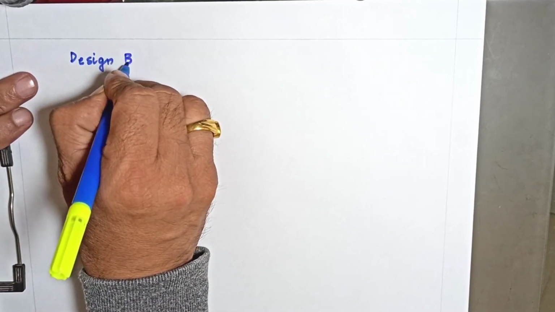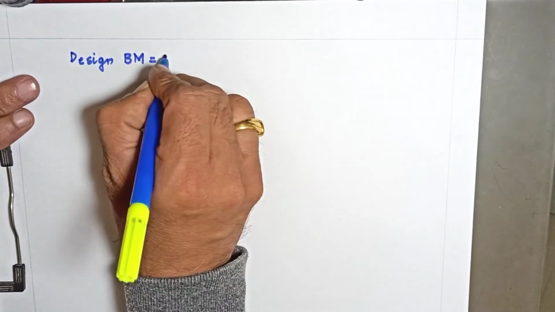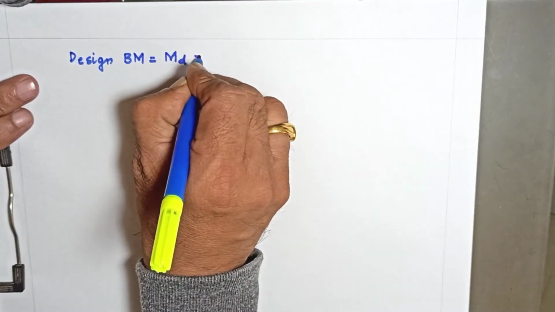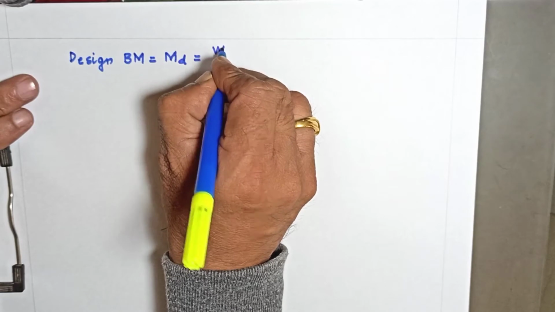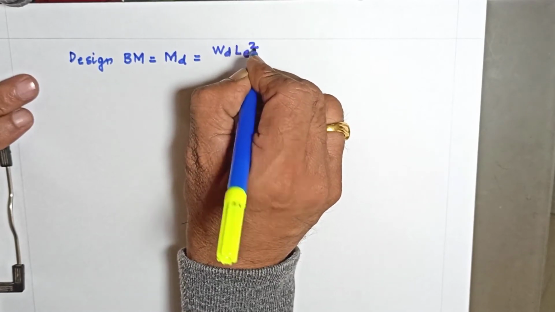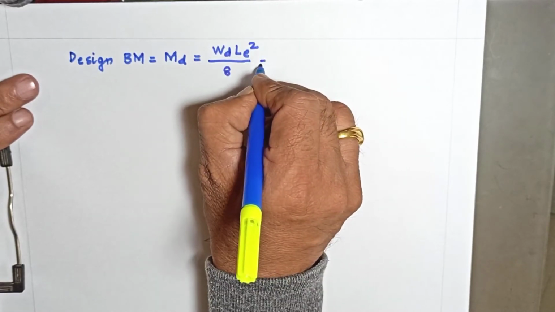Design BM, which we denote by MD. MD is equal to, as it is simply supported, WD into LE square upon 8.